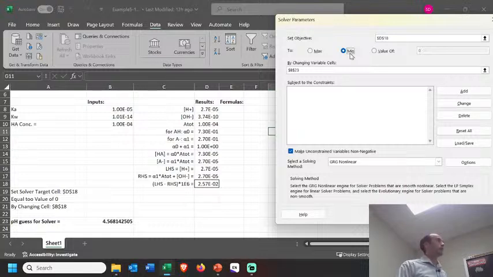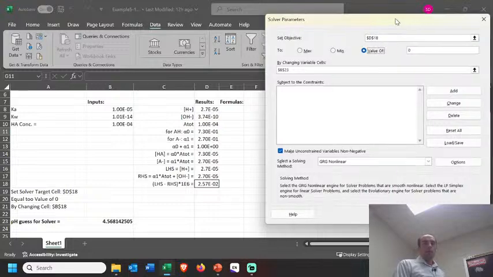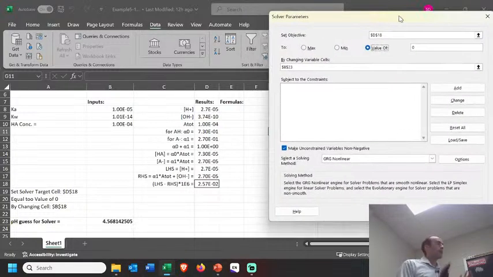We actually want that to be just 0, as close as we can. We already put that amplification factor of 1,000,000. So at this point, that's going to tell Excel, all right, that's the cell that we want to be as close as we can to 0.